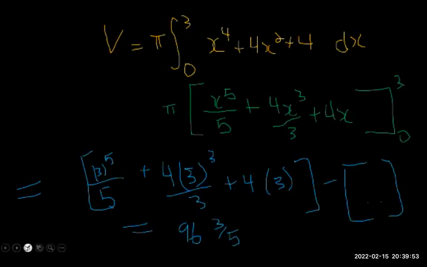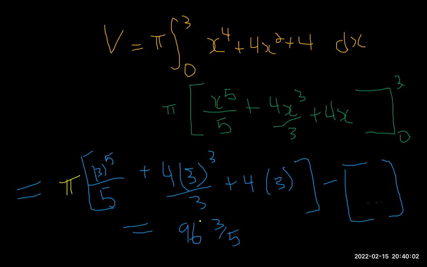This is where your pi comes in. You see area, it had no pi or anything, but for volume, you have to include your pi. That's where your pi comes in. Give out your answers in terms of pi all the time. So I get the value for this bracket, 96 and 3/5 pi. Don't forget the pi, must always include that pi and your unit cube. And this is your answer.